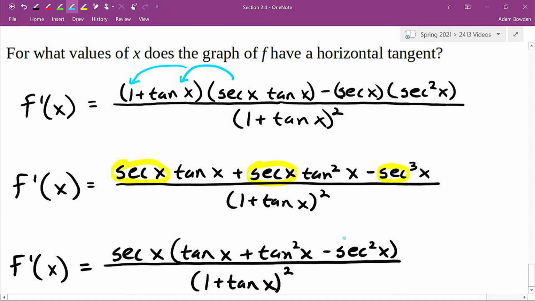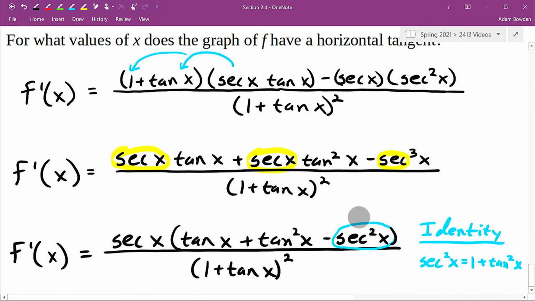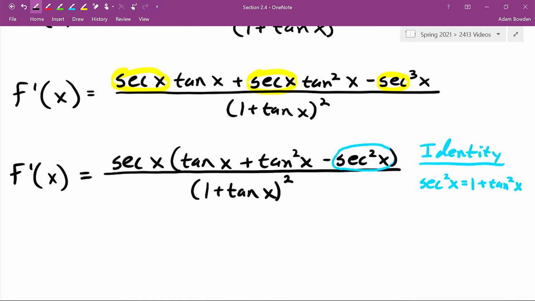Now the key thing we can do here is to apply some of our fundamental identities for trig. And the secant squared x had an identity in particular that would work good here. The identity said that secant squared x equals 1 plus tangent squared x. So I'm going to use that here in the place of secant squared x.